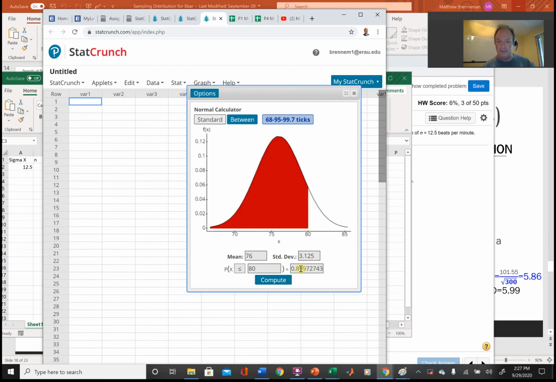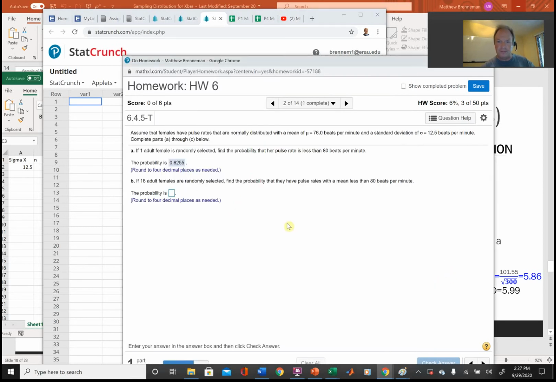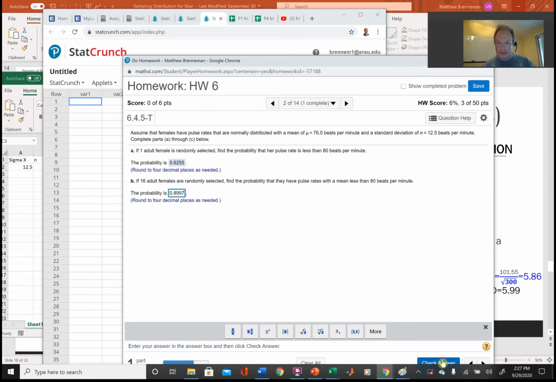And there we are. And you can see that the width of this distribution has decreased because the standard deviation of the sample mean decreases with the sample size, right? So go ahead and copy and paste. All right.